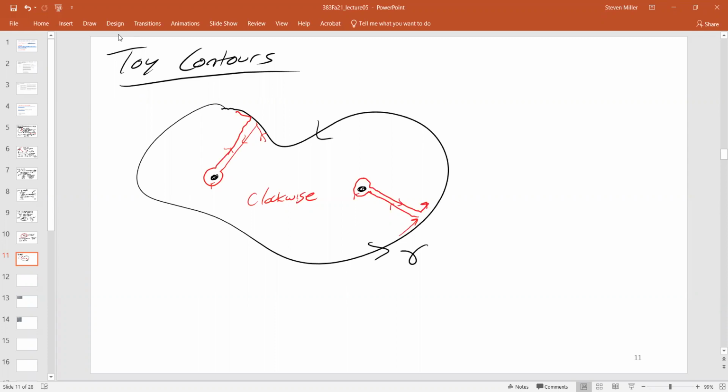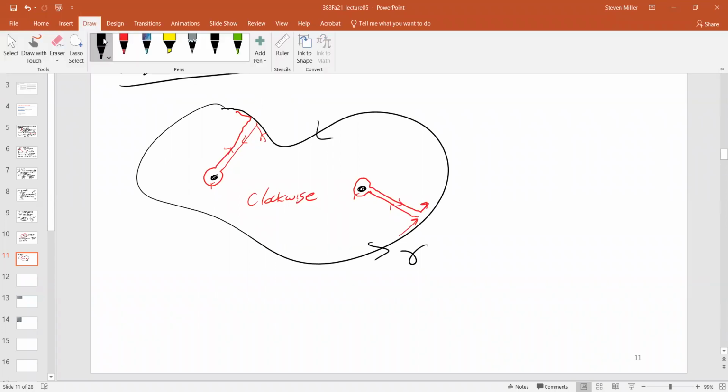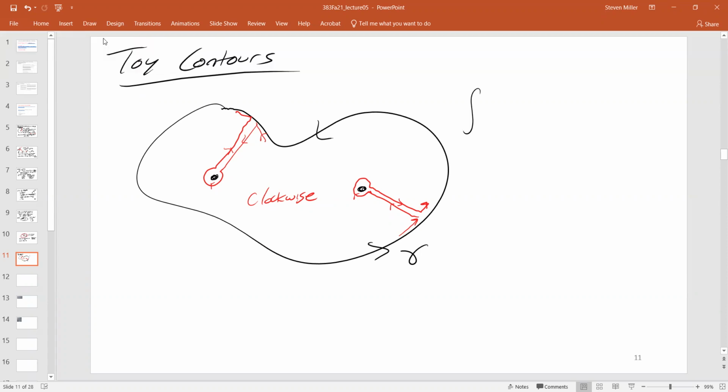And then what we can do is we can reduce the integral over gamma to the integral over these. And so what we get is the integral over gamma of f of z dz in this case would be the integral, let's call this point z1 and call that gamma 1. We'll call this z2 gamma 2.